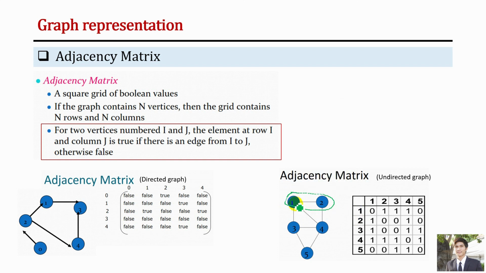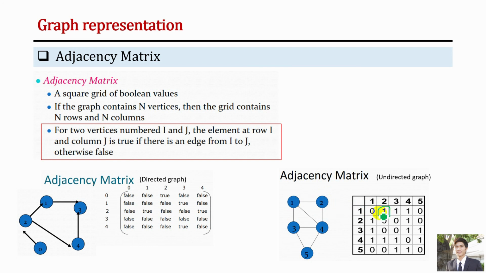And from vertex 1 to vertex 2 here, there is an edge, so from 1 to 2 we got the value true. In here, if you want a number, just 0 or 1. But if it has a weight, you can just put the weight number.